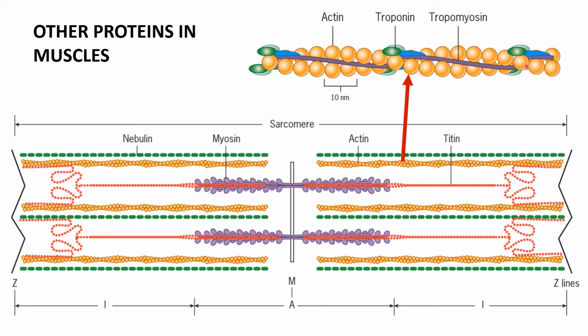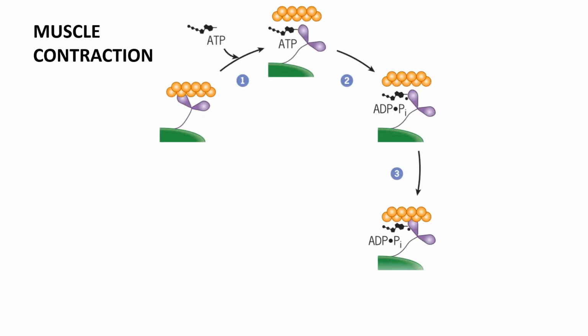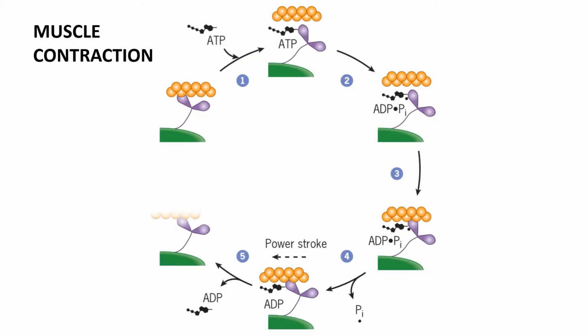We have the tropomyosin, this elongated strand that we see here, and then troponin at certain intervals along the actin length. So with the help of ATP, of course, it's still ATP that powers myosin, your muscle is able to contract, as shown in the sequence here.